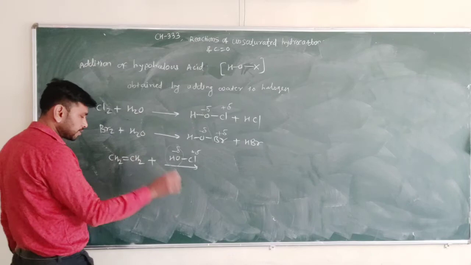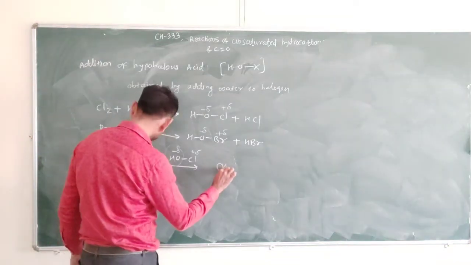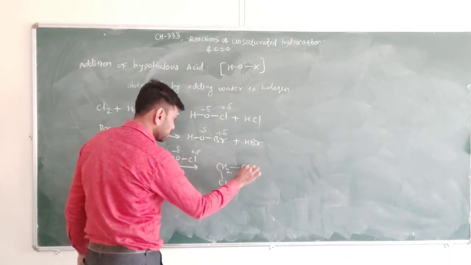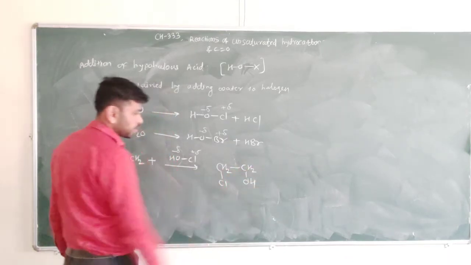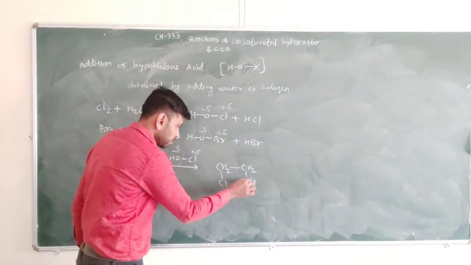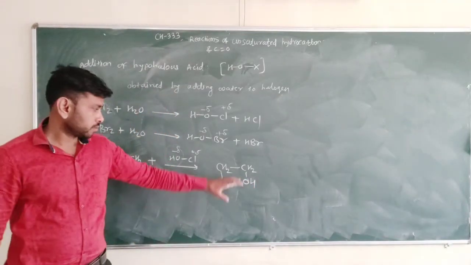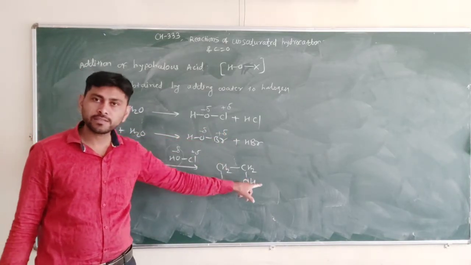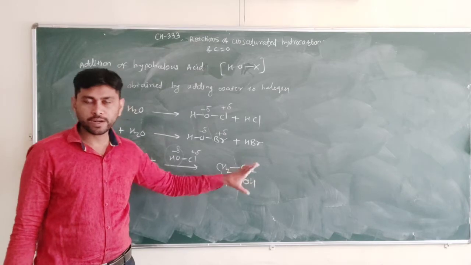So the negative part attaches here, and we get CH2Cl CH2OH. We get this compound, that means the adjacent carbons contain a halogen as well as an OH group, a hydroxyl group.